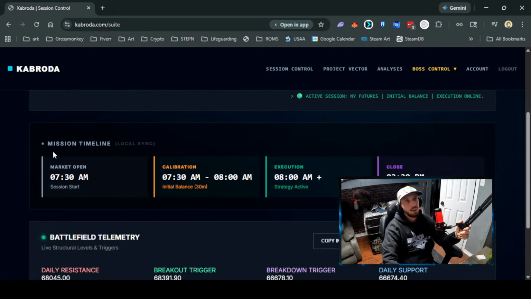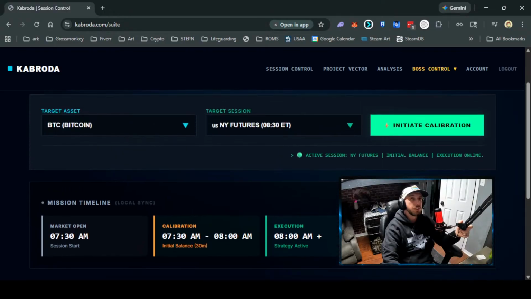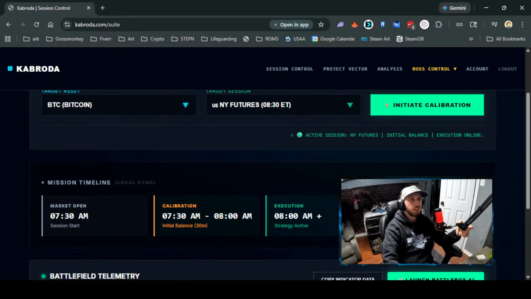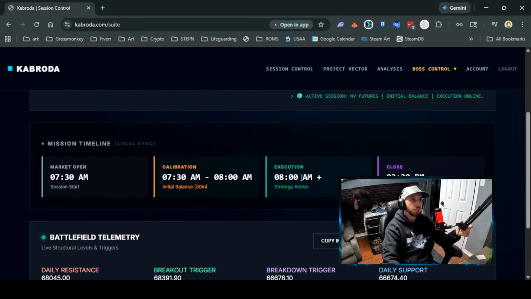You can see the timeline down here. 7:30 is the open, and 7:30 to 8 o'clock is the get-ready calibration time. At 8 o'clock you can log into the site, hit initiate calibration, get some levels, and see what trades we have for today. Then we close at 3:30.